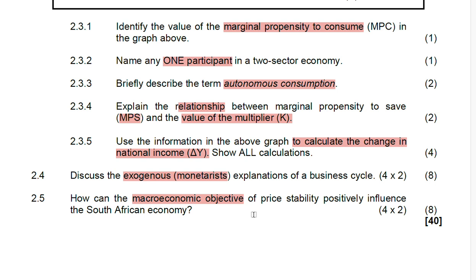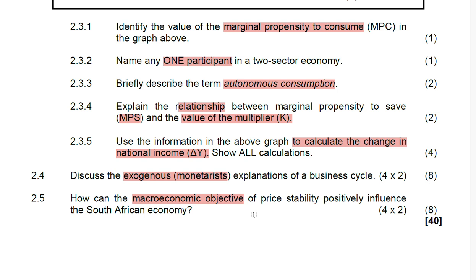Saving may be encouraged, which ensures availability of loanable funds for private investment. Interest rates may remain stable and encourage spending on durable goods, such as taking mortgage loans to purchase houses.